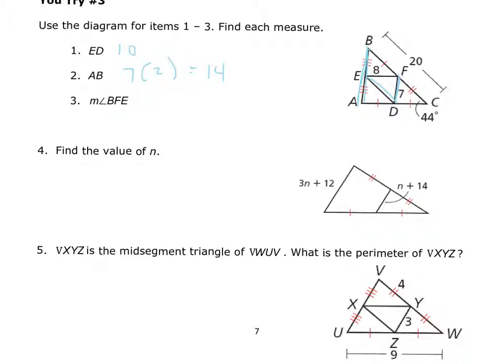We want to find BFE, that angle. So we want to find this angle right up here. Okay, and we are given the fact that FCD is 44 degrees as well. So since these are similar triangles, we know that both of them are 44 degrees.